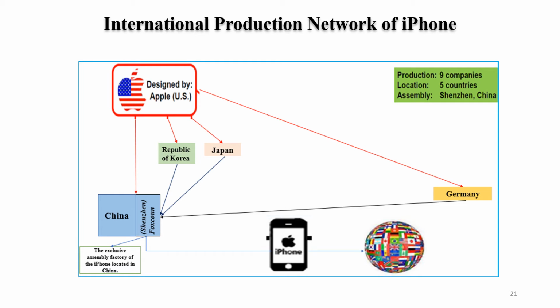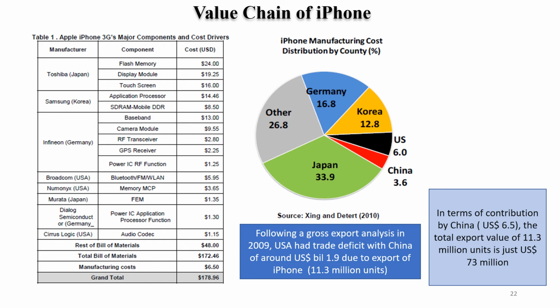Extending the argument further, more explicitly, the iPhone example. This is relatively an old example, but it's still important. The company Foxconn in Shenzhen province actually does the assembling, and the components come from different countries, could be from the US, Korea, Japan, and Germany.